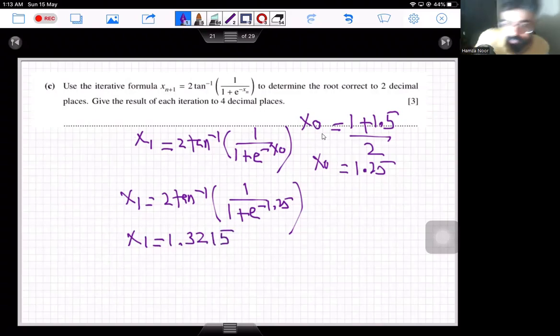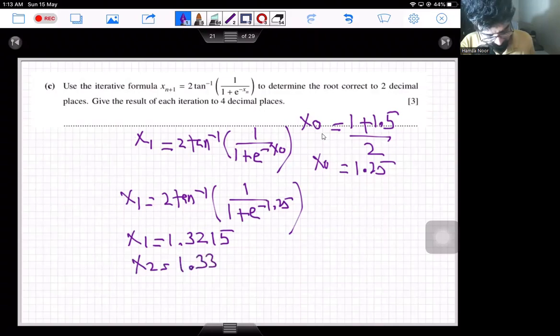Now what you need to do, wherever you are seeing the value of x0, just use the ANS answer function in your calculator. So in place of 1.25, I'm just going to write the ANS function, and then press equals. The value of x2 is 1.3365, and then again equals, it will give you 1.3396.